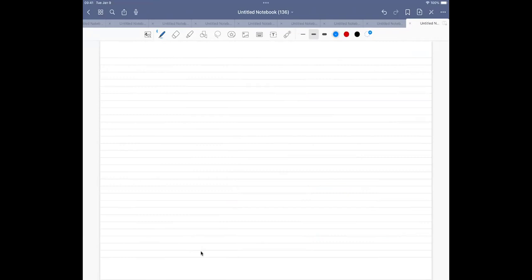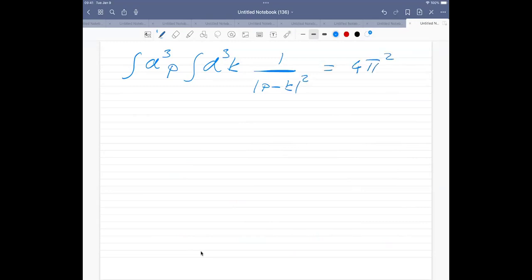Because then this integral, which looked pretty nasty, of 1 over p minus k here, is actually equal to 4 pi squared. I have a factor of 1/2, and then I have a kf to the power of 4.